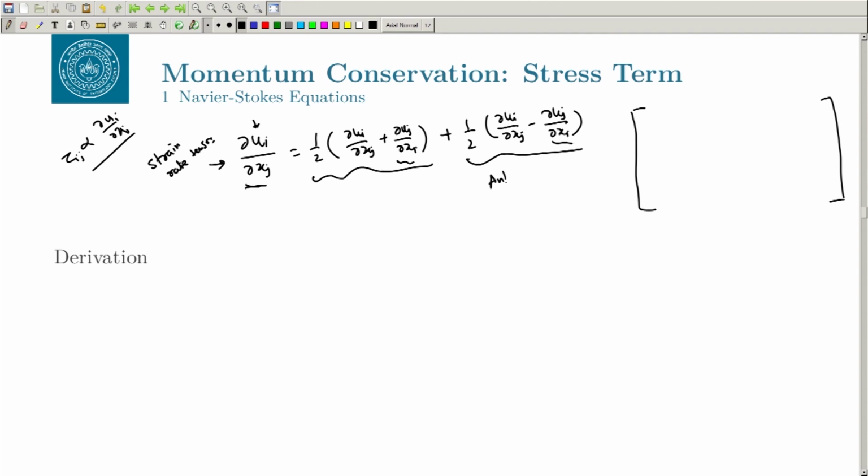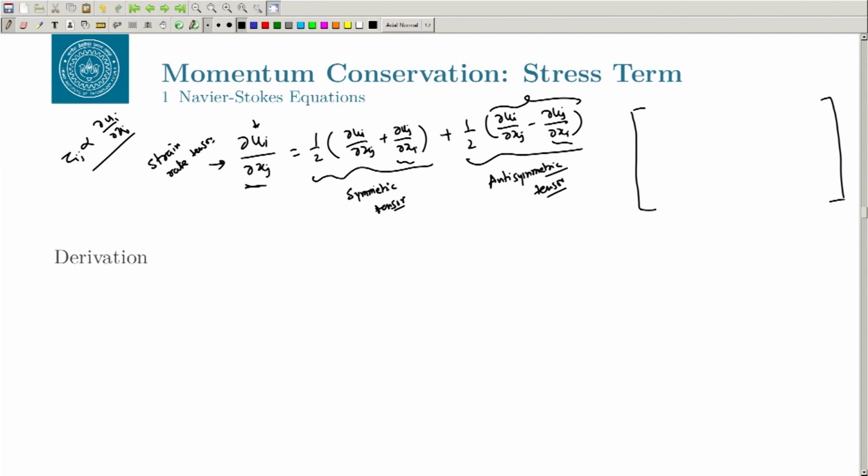Let me complete this thought first. The antisymmetric tensor is sometimes also called the axisymmetric tensor, and I am sure you know this quantity. What is this? This is basically the vorticity, right, and the other is your symmetric tensor. What does it do? It deforms the fluid element, right.